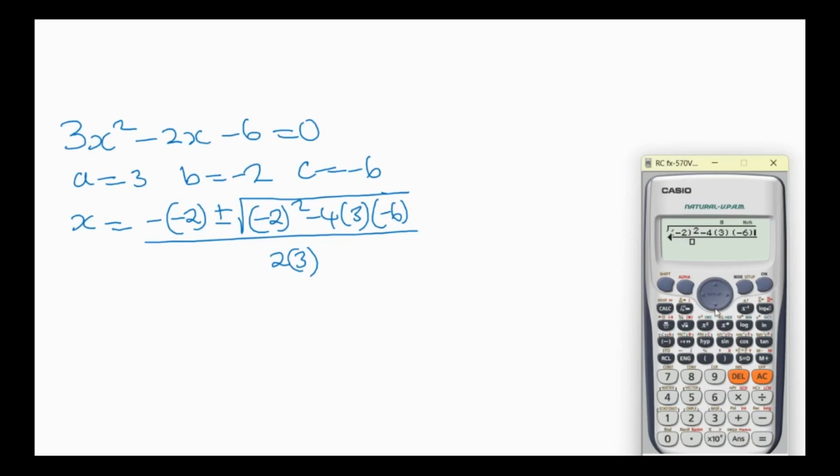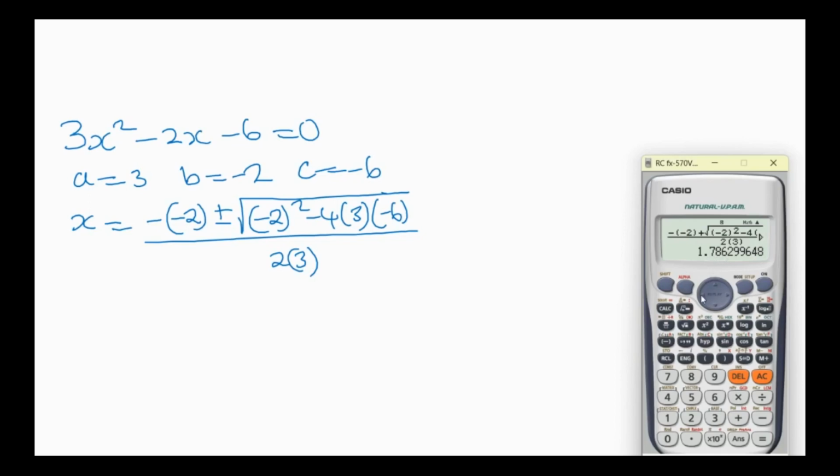And then go to the denominator, then 2, then 3, that's a, then equals. Then you can press S-D here to see your answer as a decimal. That is 1.786, so it's going to be 1.79.